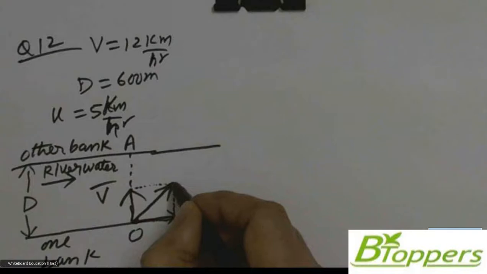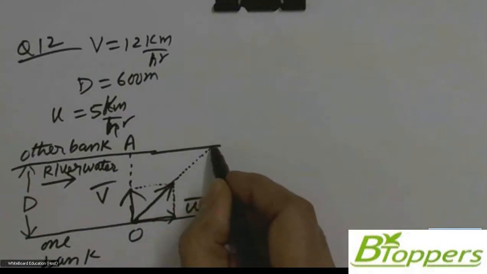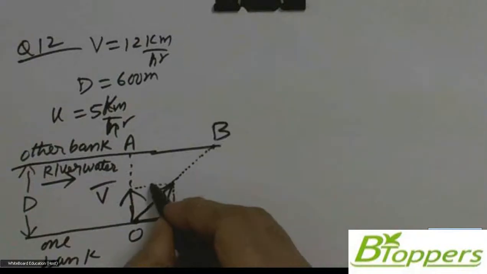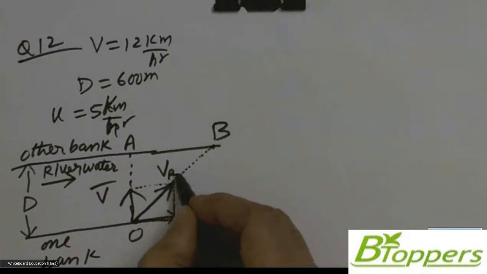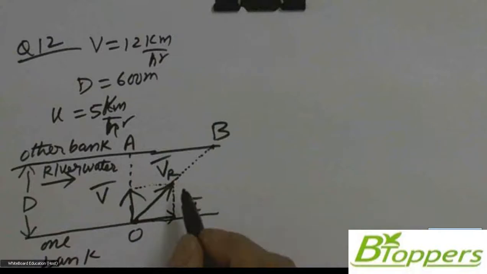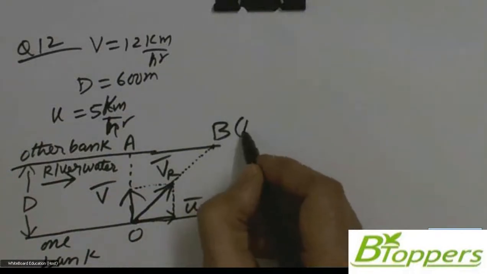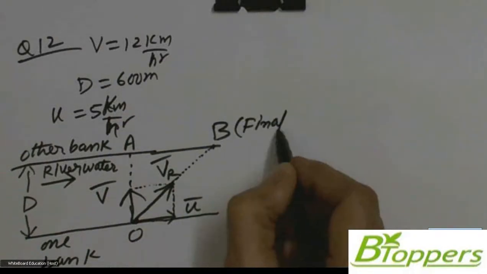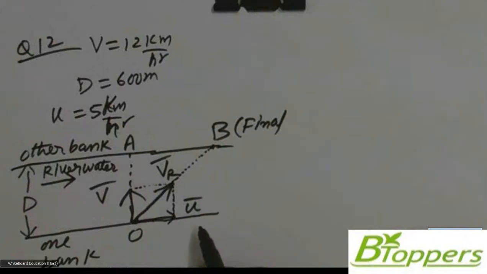The resultant velocity of the boat, meaning the velocity with which the boat moves as seen by a stationary observer on one of the banks, will be the resultant of V bar and U bar. So the boat reaches the other bank at the position B. So B is the final position of the boat.